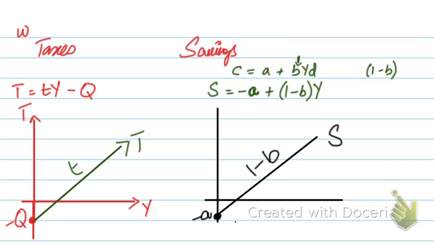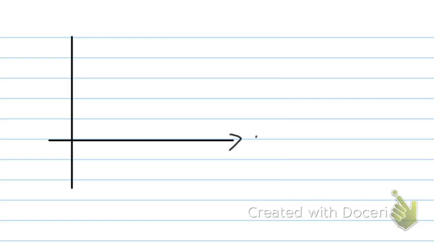So this is how my savings function and my taxes function look, and if I join the two together to form the function for withdrawals, with Y over here and withdrawals on the vertical axis, the vertical intercept will be minus A minus Q, right?